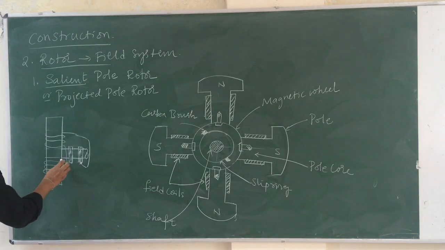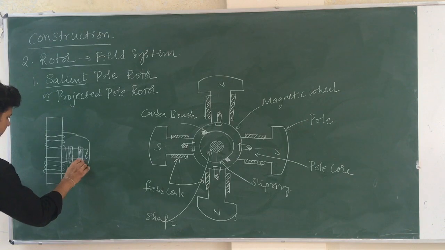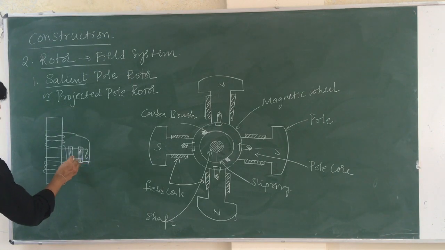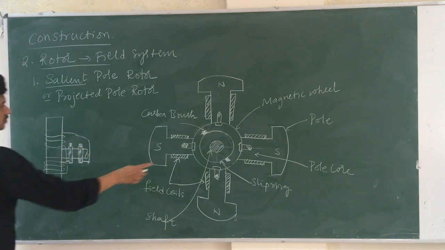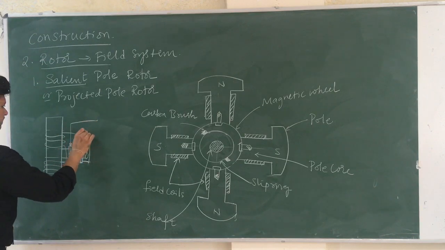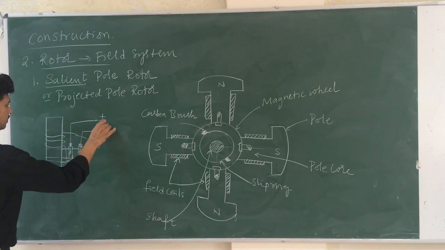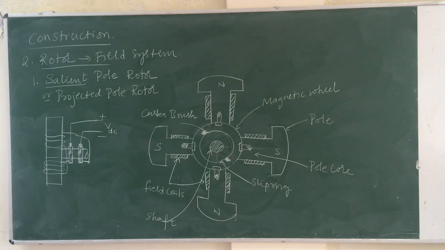To these slip rings, there are two brushes, and to these brushes I am giving the external DC supply. These brushes are connected to the stationary part, they are not rotating.